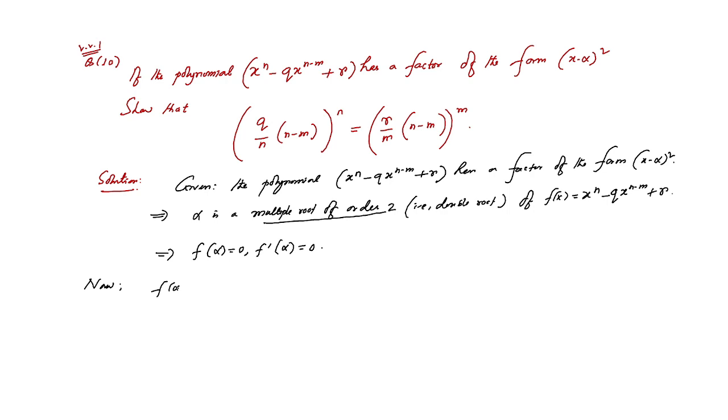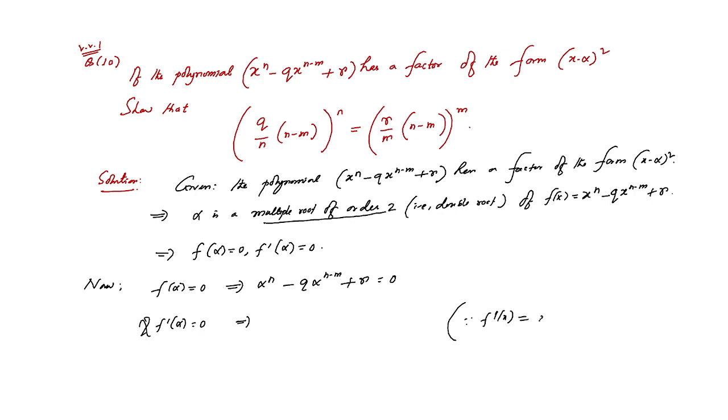So now what is the meaning of f(alpha) equals 0? That implies alpha to the power n minus q alpha to the power n minus m plus r equals 0, and f dash alpha equals 0. So now we need to calculate f dash x.